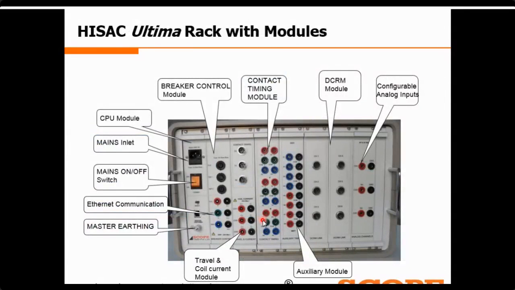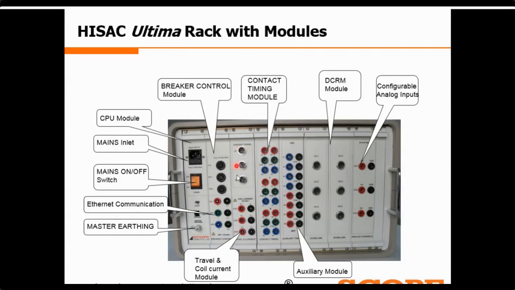Now, I am just giving the overview of the main instrument of Hijack Ultima. So this is the power supply card along with the master earthing feature here. This is the module which will state the condition of the breaker, that is, it will give you either the trip or the closed state.